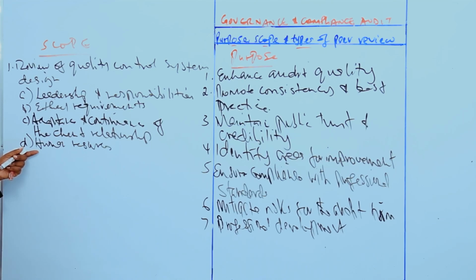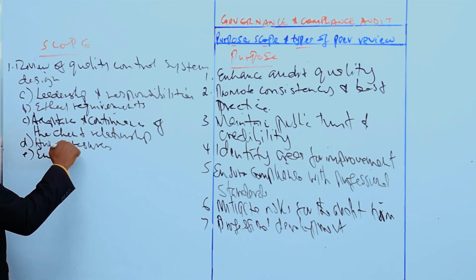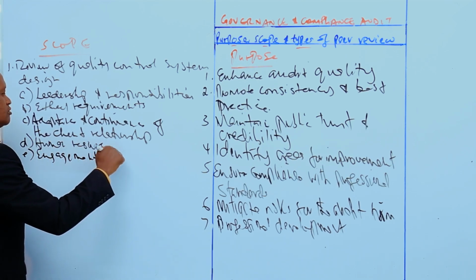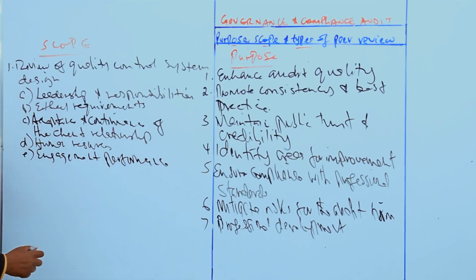We may also have engagement performance. That means evaluating policies and procedures for planning, executing, supervising, reviewing, and also documenting governance and compliance audit engagements, including adherence to the relevant audit standards.